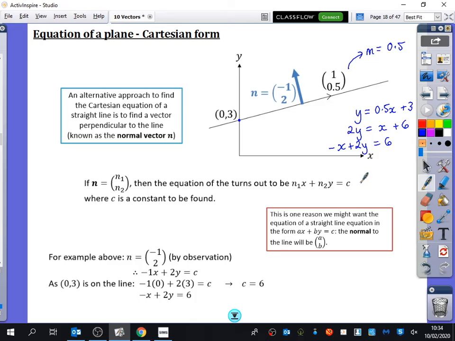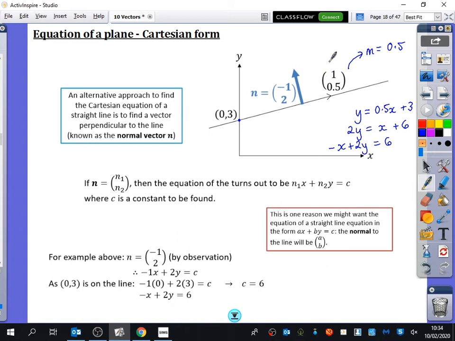So this is one reason that we might want the equation of a straight line to be in the form ax + by = c, because you can find out what the normal to the line is. It reminds us a bit of the standard form that we use for the equation of a straight line, which I think I did about 3 or 4 months ago with my Year 12 class. That's sometimes why we like to have it written in this version, because it helps us to find out a normal direction to it as well.